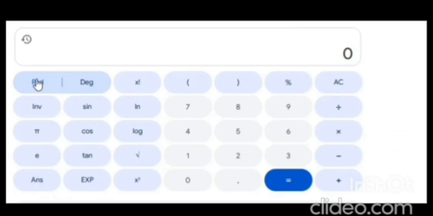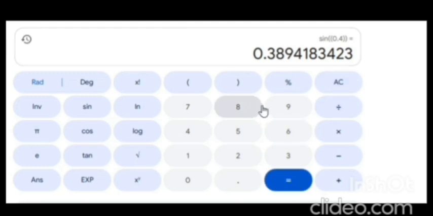Now I'm going to show you how to find the value using a scientific calculator. Whenever we are using these values, we have to be very careful in using the brackets. Sine 0.4 is 0.393894. After the decimal point, we take 3 digits.